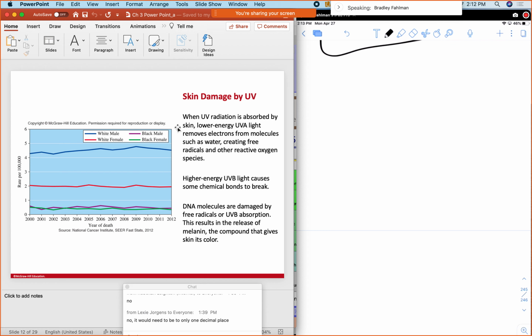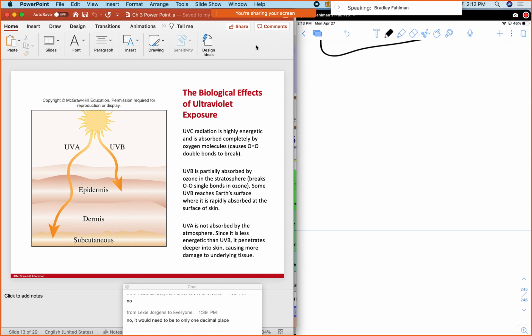Although the exam will be multiple choice, so the answer will be there in front of you anyway, but maybe something where you interpret some data. UVA goes all the way below the epidermis, into the dermis or even below. That's the danger of it, so this is why they figure it causes more skin cancer.